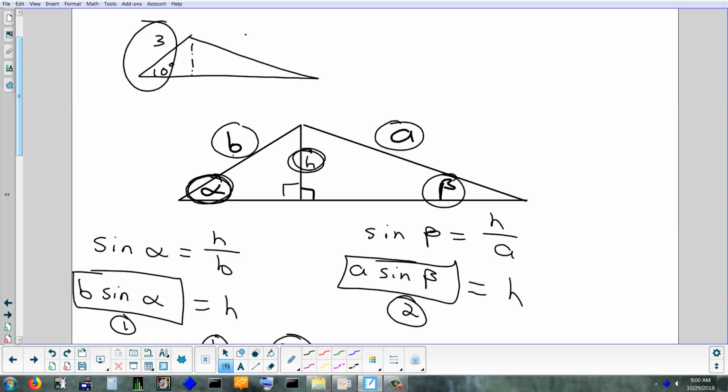And you'd have to give me something else, like maybe that's 10. And then I could use right triangle trig again. I could find the length of this part, and the length of this part, and then I could just add the two together to find the length of the bottom. Okay? I can do it that way.